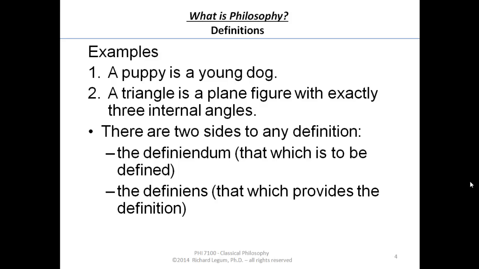Just remember, if mathematics isn't your favorite subject, maybe I should have made the point earlier: plane, we're talking about 2 dimensions as opposed to 3-dimensional, like the world that we live in. So this is typically what we see in a definition. There are 2 sides. There's a definiendum, the thing to be defined, and then there's the definiens, the thing that does the definition.